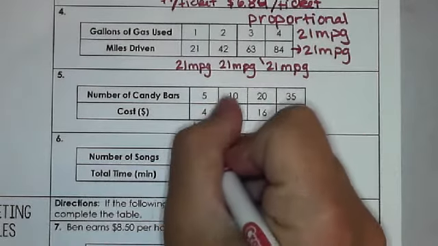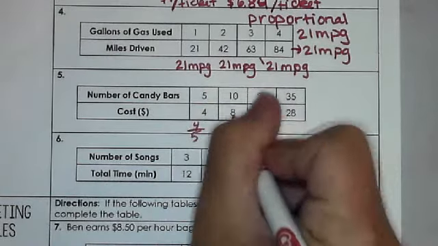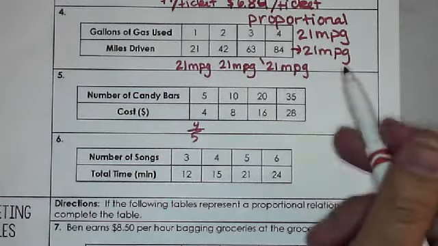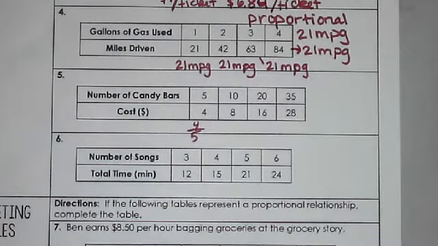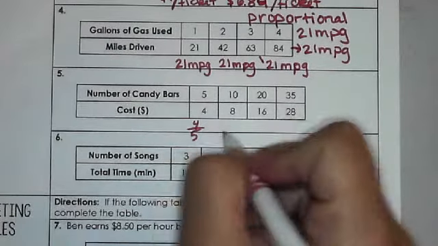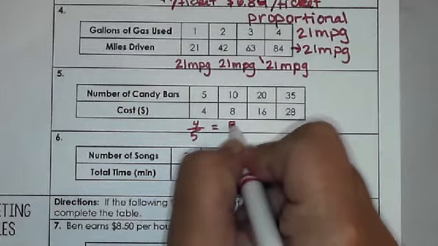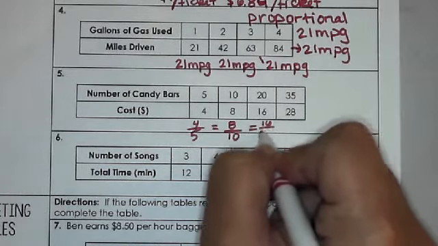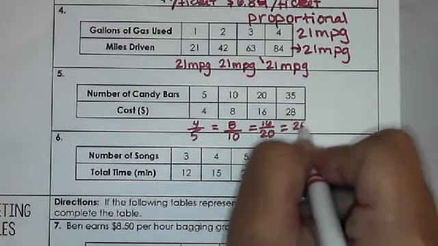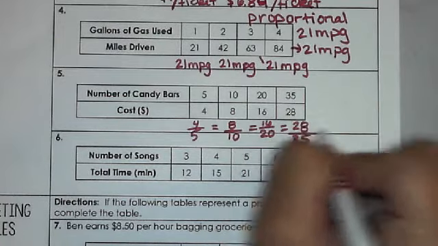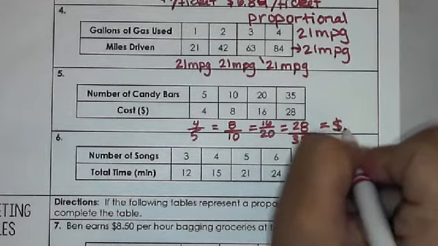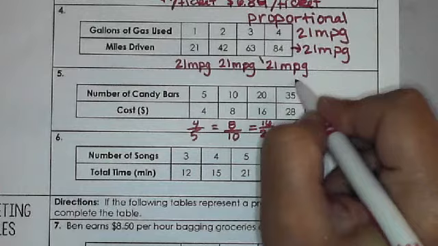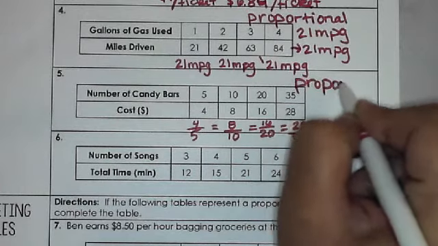So we want to actually divide 4 over 5, 8 over 10, 16 over 20, 28 over 35. Okay, what'd you get? 80 cents per candy bar. They all equal that 0.8. Okay, so that is proportional.